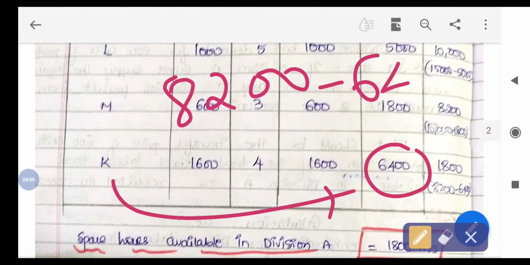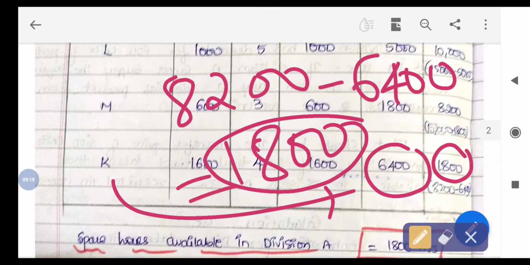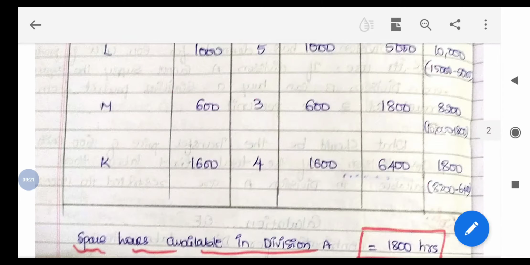So if we deduct 8200 minus 6400, the last remaining hours which will remain for further production is only 1800 hours. So 1800 hours will be the spare hours or the unused balance hours, which will remain for the company for production of further units.